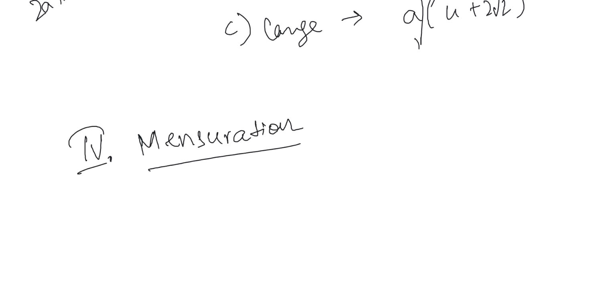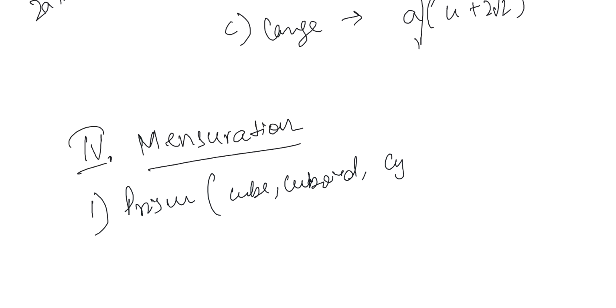In mensuration, we have 2 types of figures. One is prisms and second is pyramids. Prisms can be categorized as any type of symmetrical figure like a cube, cuboid, cylinder, etc. So it is symmetrical.